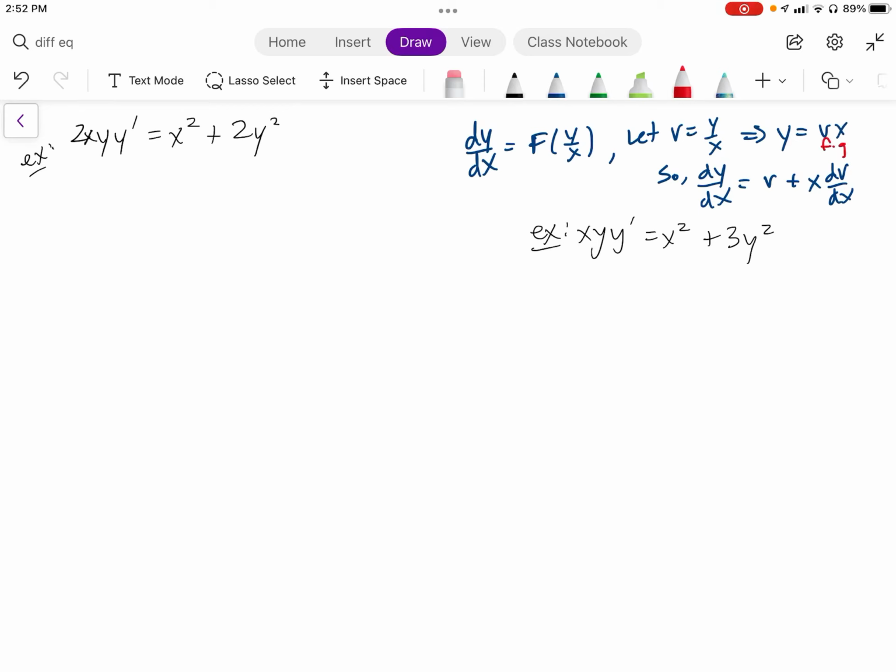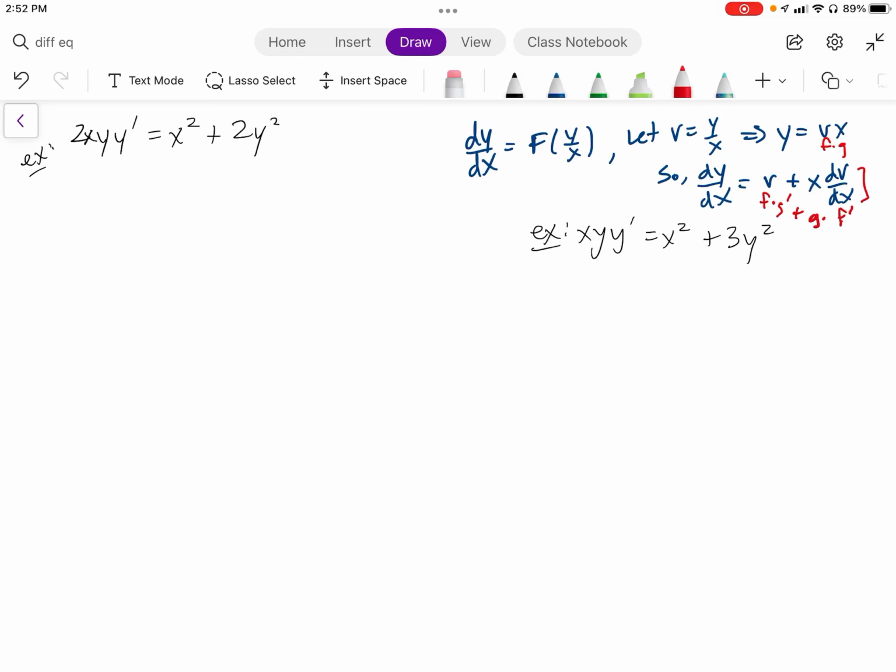The derivative of v with respect to x is dv/dx, times x, plus v times the derivative of x, which is just 1. So the resultant right-hand side is because of the product rule.